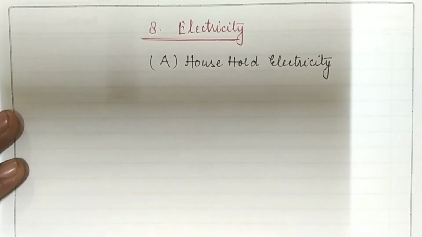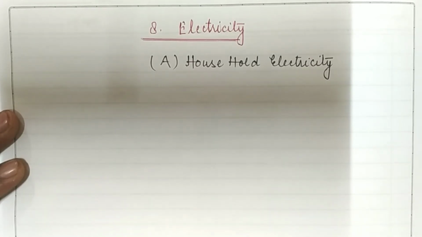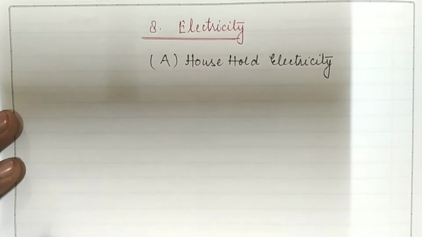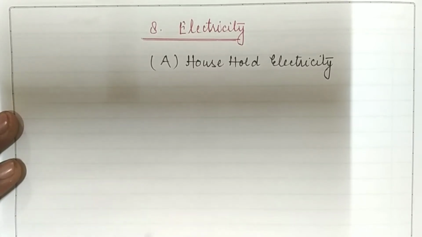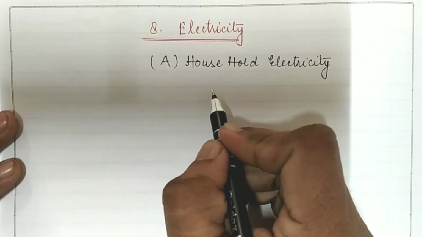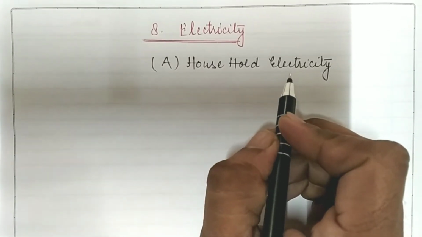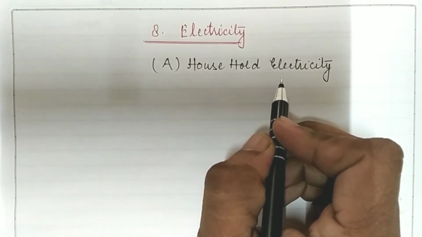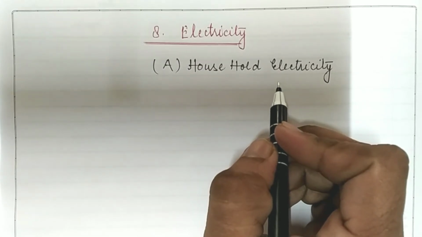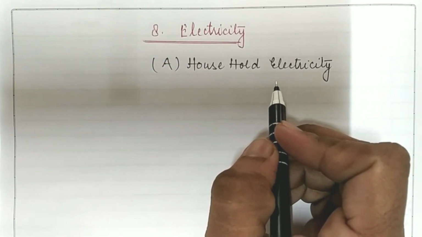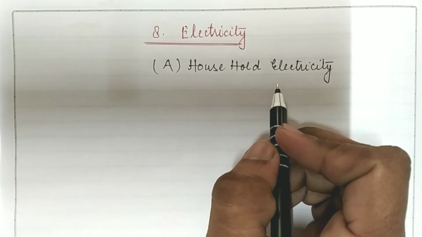Children, with the generation by dams, we are producing a certain amount of energy in the form of electrical energy, and that energy is received by us through a certain channel. So the energy which we use inside our house is said to be household electricity. It means that energy is transmitted from one place to another with the help of power hubs.